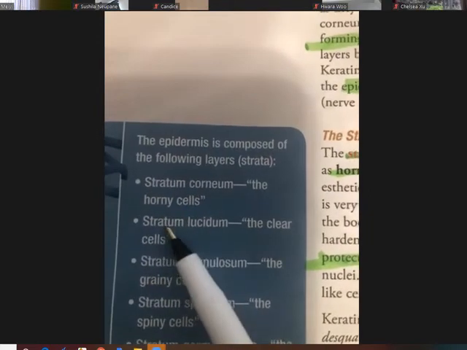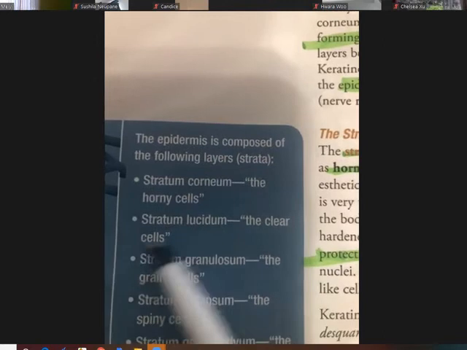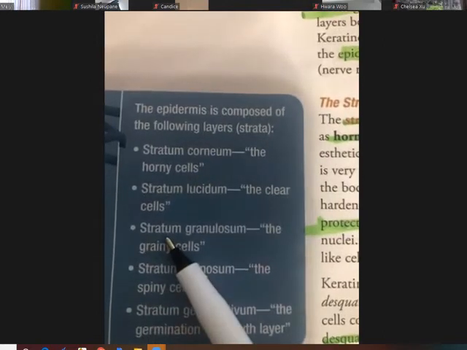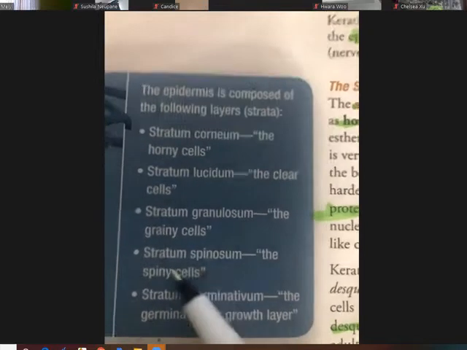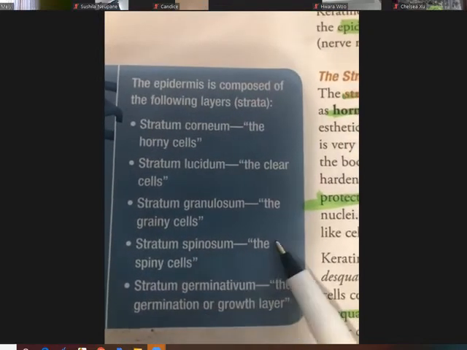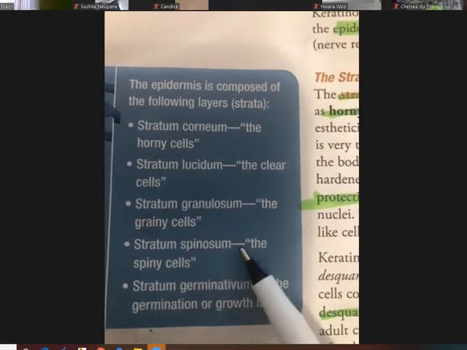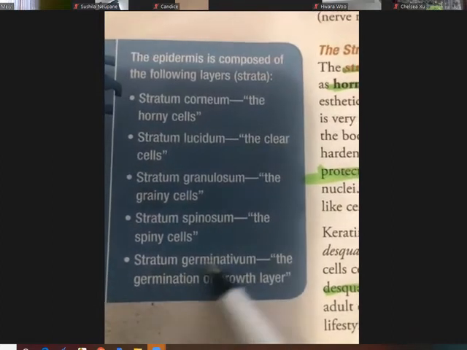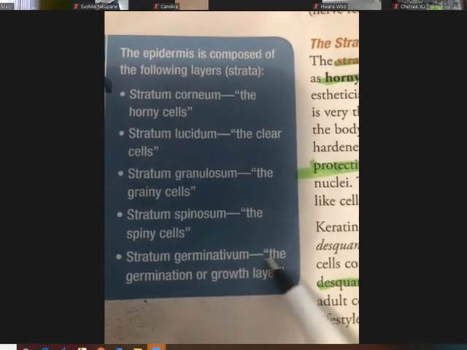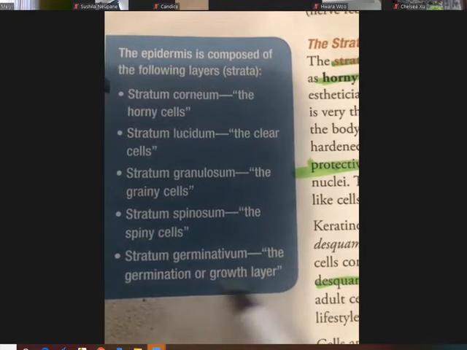Second layer, stratum lucidum, is the clear cells. Then followed by stratum granulosum, which is the grainy cells. Then stratum spinosum, which is the spiny cells. And stratum germinativum, which is the germination or growth layer.